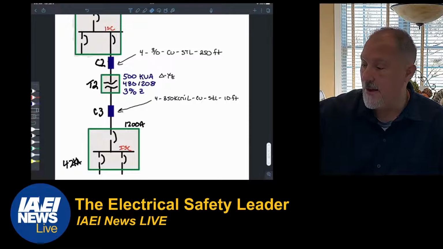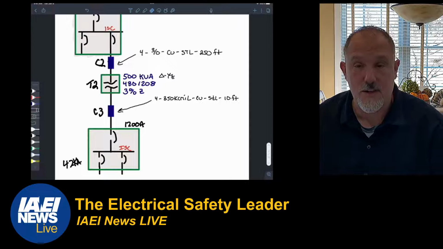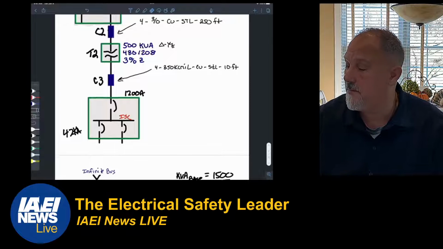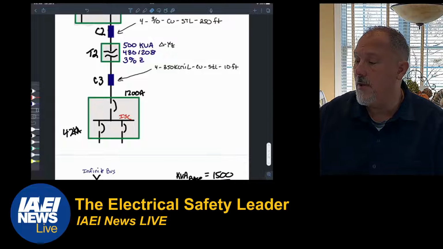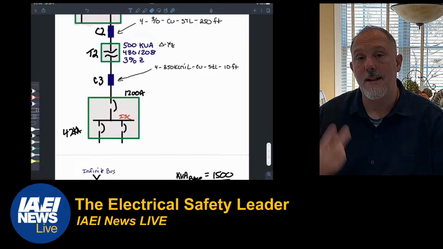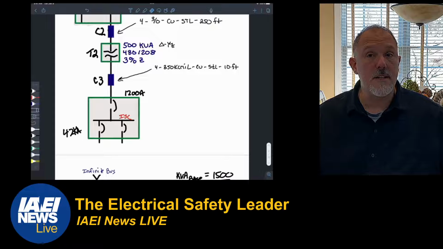For 3-aught conductor copper steel conduit 250 foot feeding a 500 kVA transformer. And that 500 kVA transformer has a 3% impedance. Again, I'm using that straight impedance for the reasons I stated before. Then off the secondary, 350 kcmil copper steel conduit 10 foot to a 1200 amp panelboard. So that's our system.